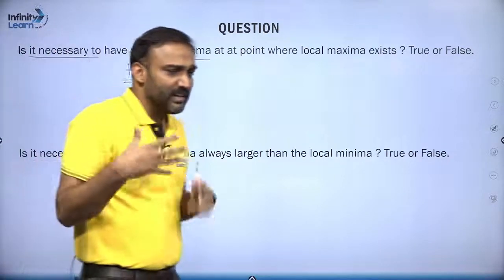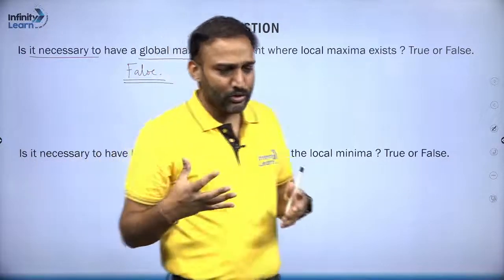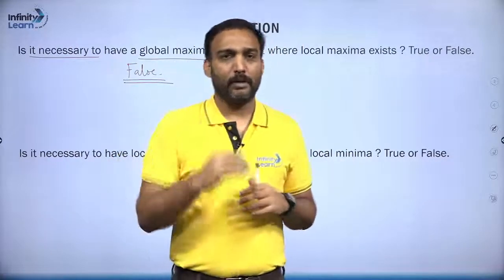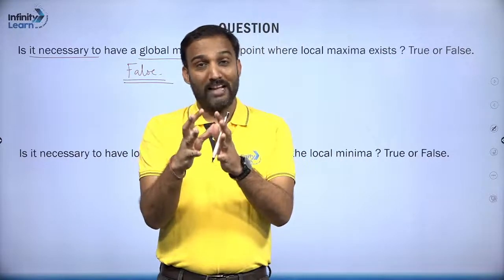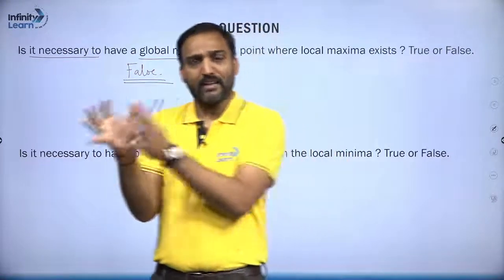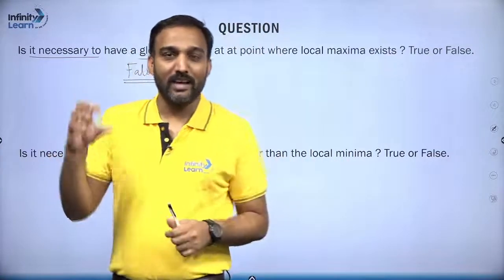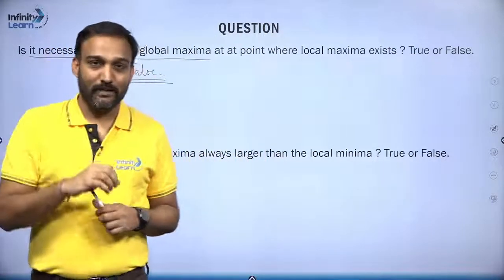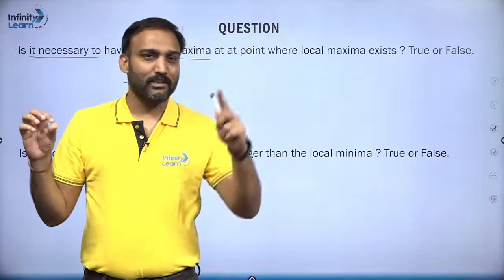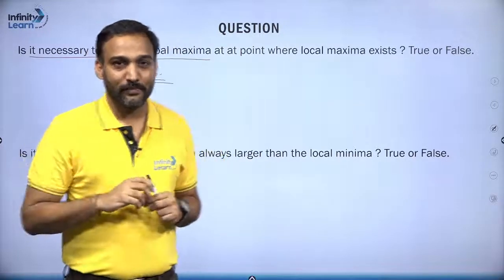या फिर मैं इसका एक रियल लाइफ एग्जाम्पल देके सोचूं, मान लो एक बैच है, there is a batch A and there is a topper in that particular batch. So the topper of that batch is basically your local maxima. There is another group, another class, another batch, and there is a local minima, right, in that particular batch. Can I say that local minima is smaller than that local maxima?